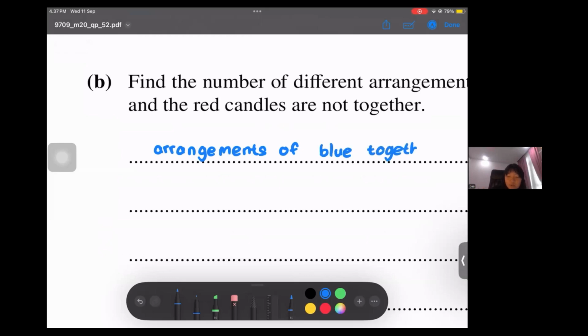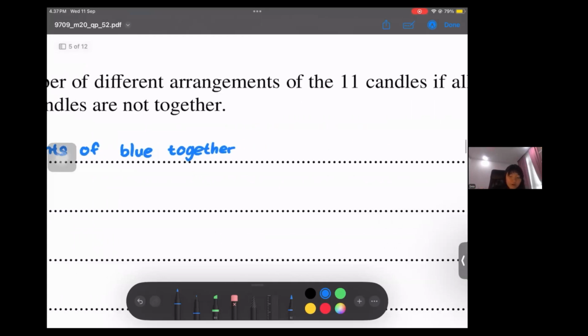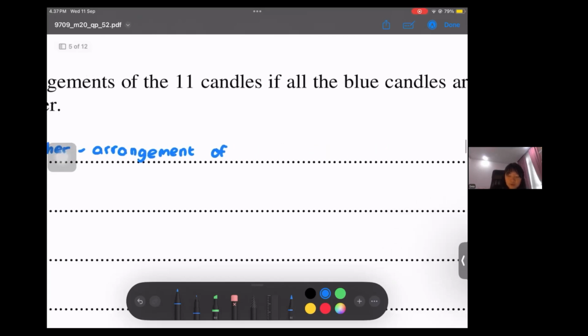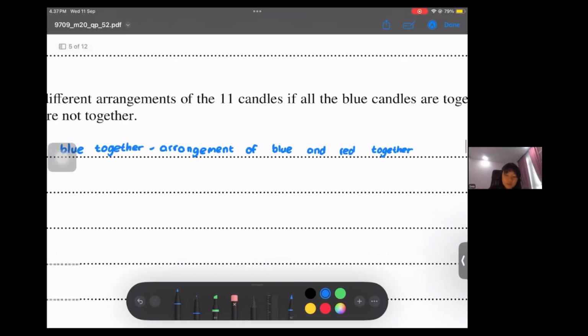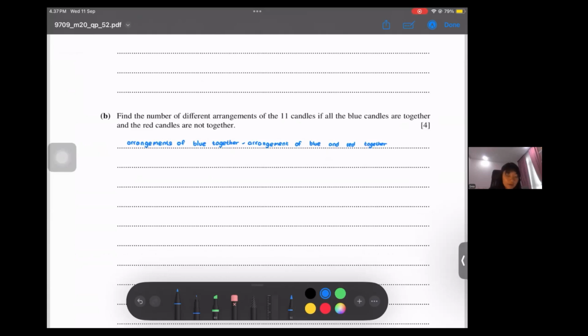Then you will subtract it with the value of the arrangement when both blue and red are together. So blue and red together. So these will be the values that we will have to find following this.